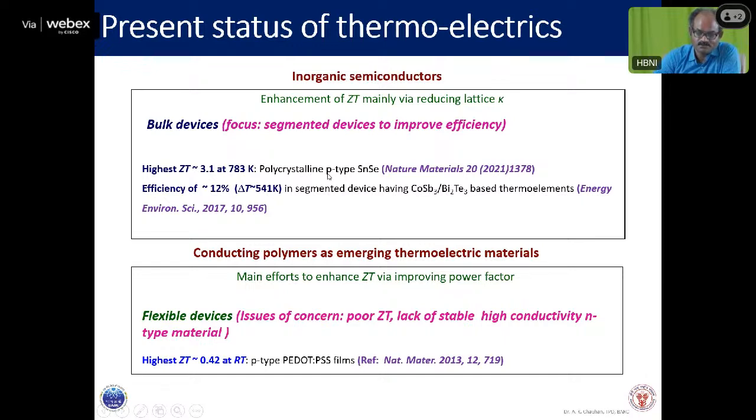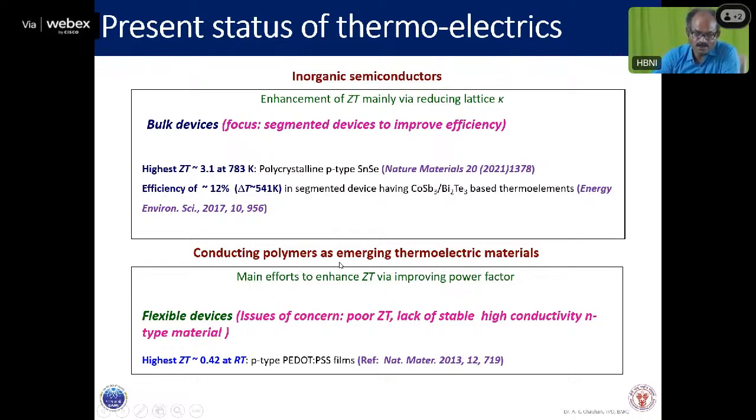For these, polycrystalline p-type tin selenide is used, and the efficiency of these materials in segmented devices is nearly 12%.